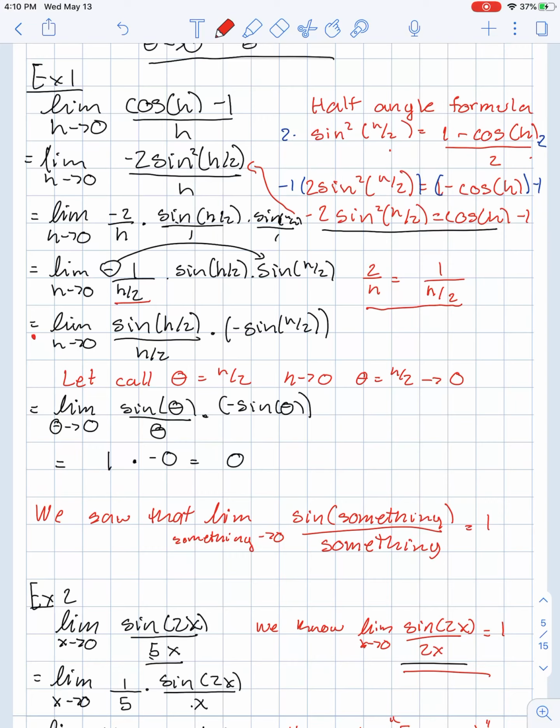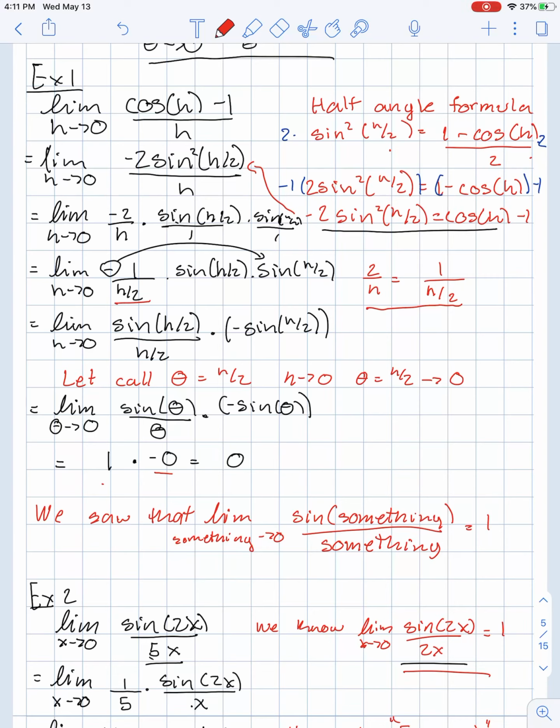So then I can rewrite my limit as the limit as theta goes to 0 of sine of theta divided by theta, times negative sine of theta. Cool. The product rule of limits says that I can multiply those limits together. So I know sine of theta over theta, that limit as theta goes to 0, is 1, and negative sine of theta will give me a negative 0. Multiply those together and we get 0 back out.